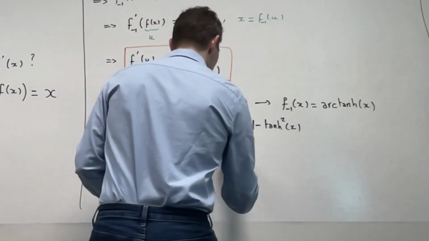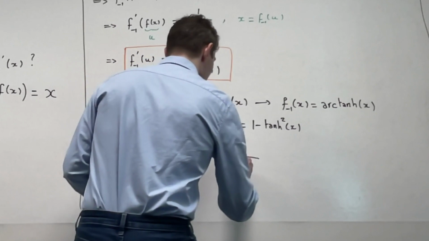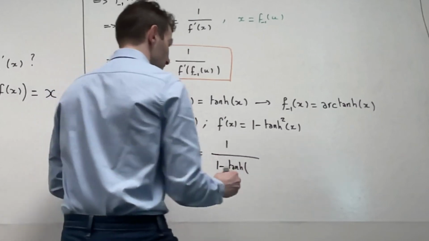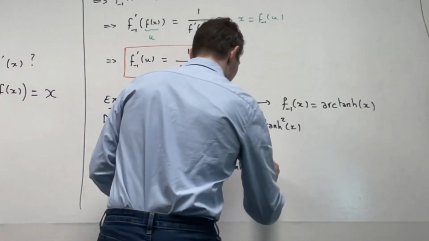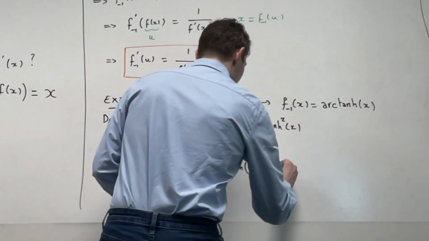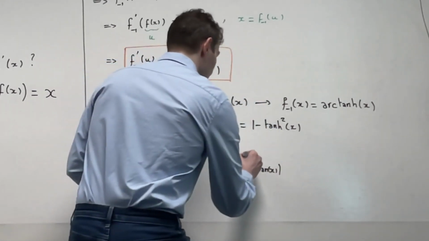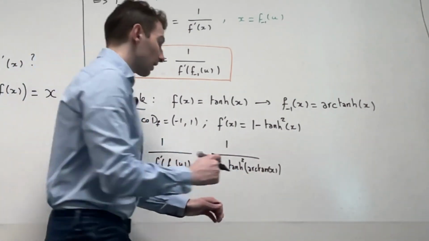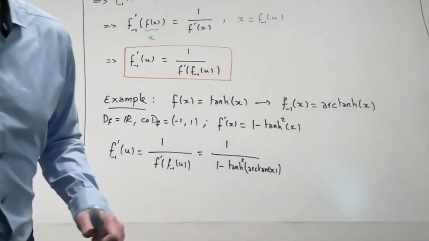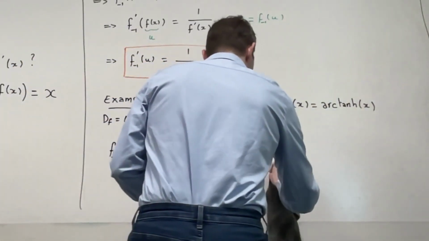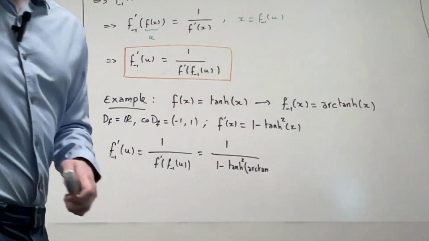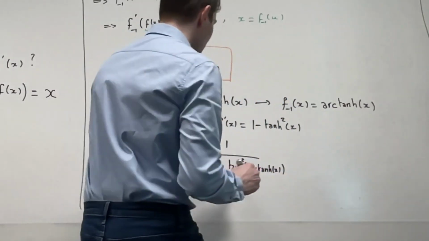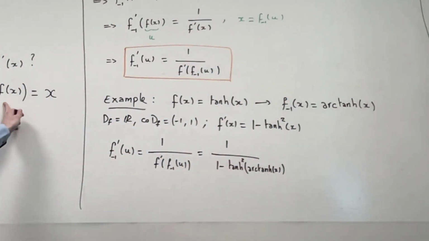So this is 1 divided by 1 minus tanh of arctanh of x, and then that's squared. And as it turns out, tanh of arctanh, sorry, that's arctanh of x, and so this is simply returning x by definition of the inverse.